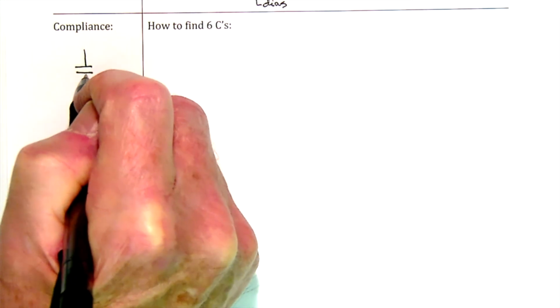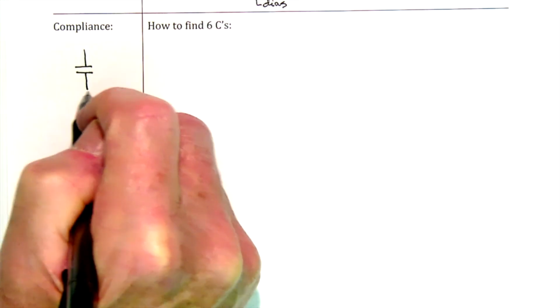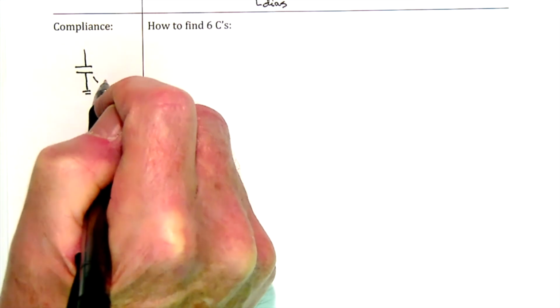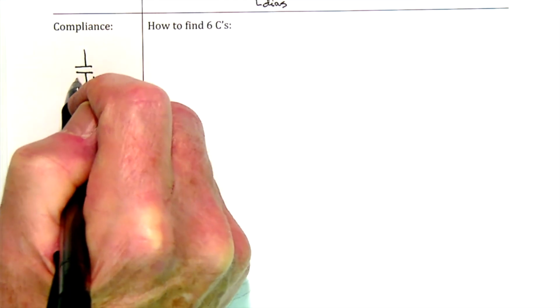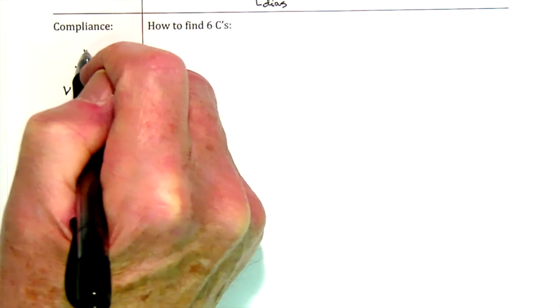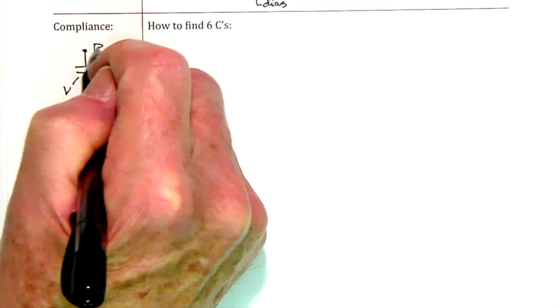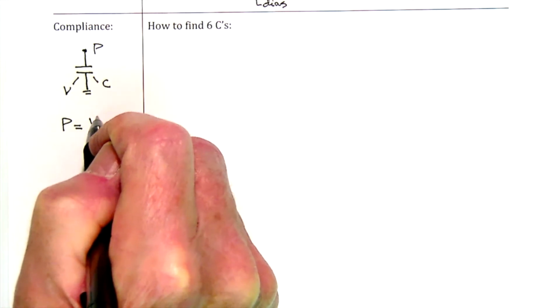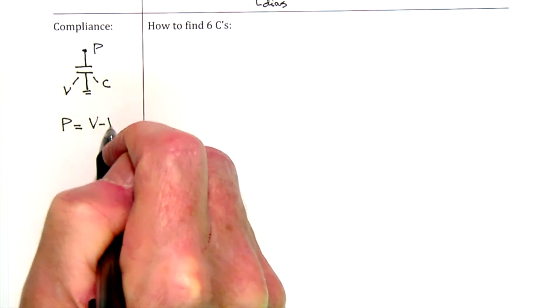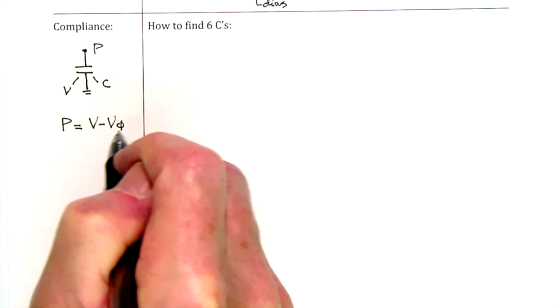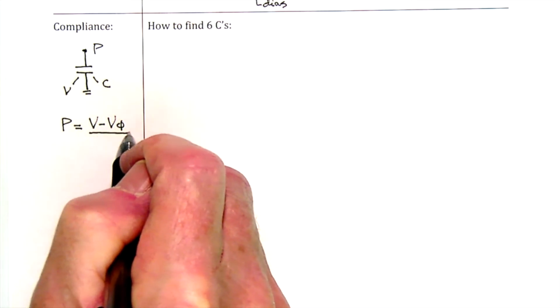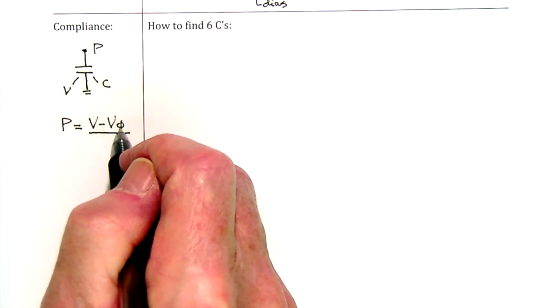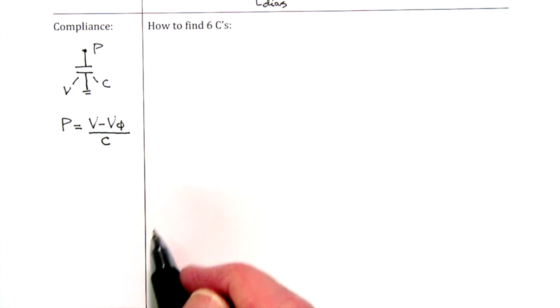If we have a compliant blood vessel whose symbol looks something like that, that has a compliance C and a volume V, the pressure inside that vessel, P, is given by the following expression. It's the total volume inside the vessel minus the residual volume of the vessel, which I will follow the textbook and temporarily call V sub 0, divided by the compliance C.